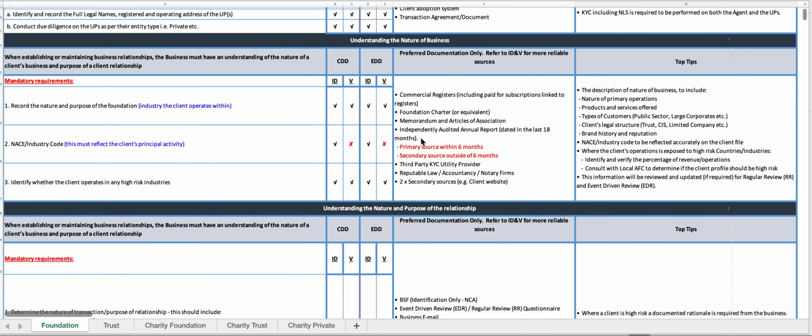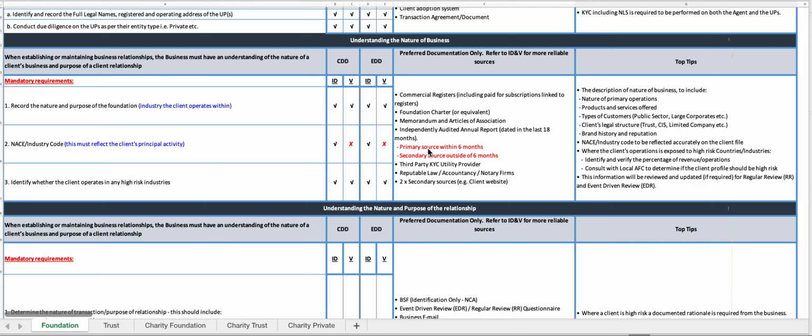Understanding the nature of business. So usually you need to record the nature and the purpose of the foundation, identify the NACE or the industry code, and identify whether the client operates in a high risk industry or jurisdiction. Usually, most of this information you can obtain from commercial registers, foundation charters, memorandums, articles of association, annual reports, primary and secondary sources.